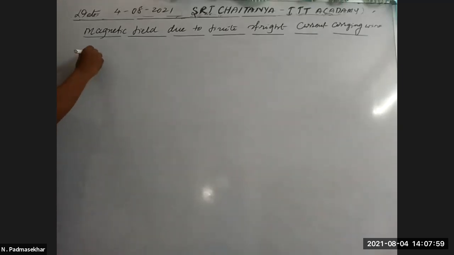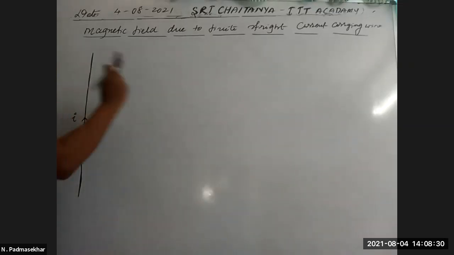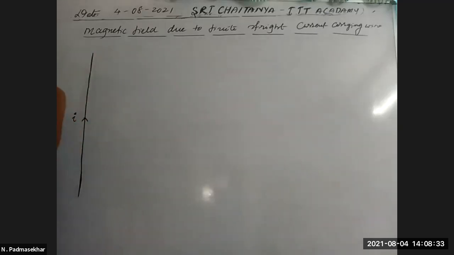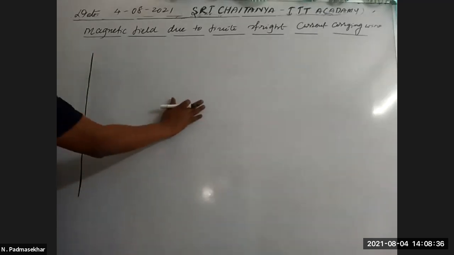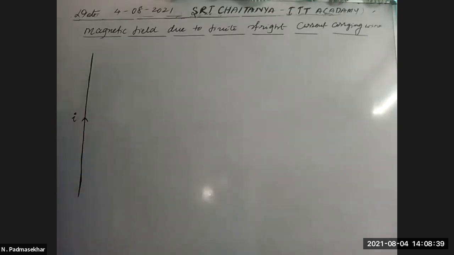This is a straight current carrying wire of finite length, and the current is I. According to Oersted, a current carrying conductor produces a magnetic field around the conductor, like this. So on this side there is a magnetic field and on this side there is a magnetic field.